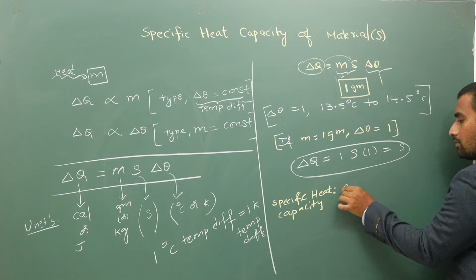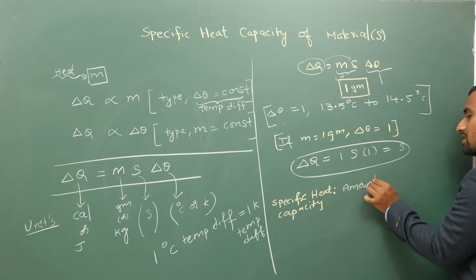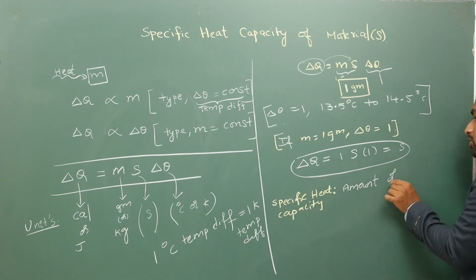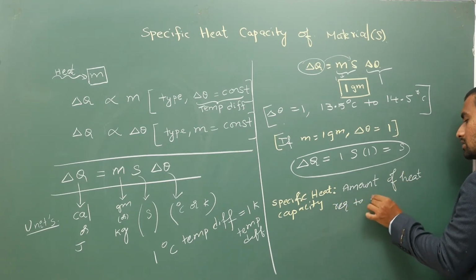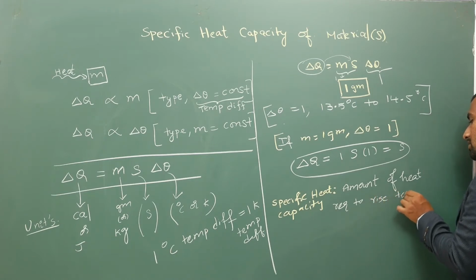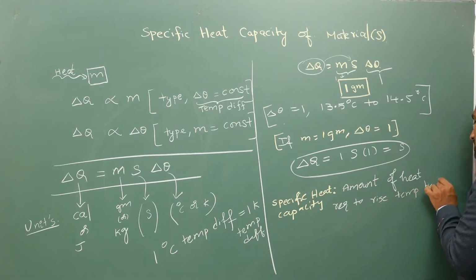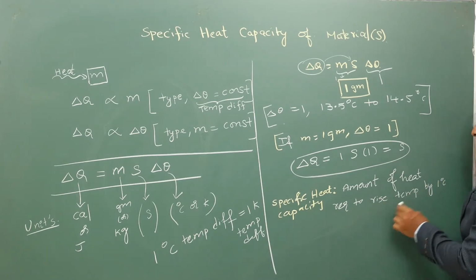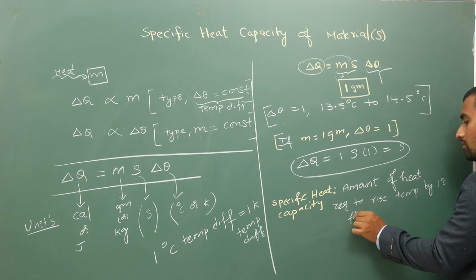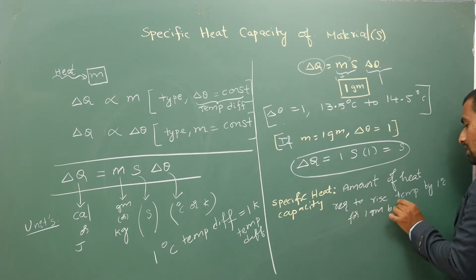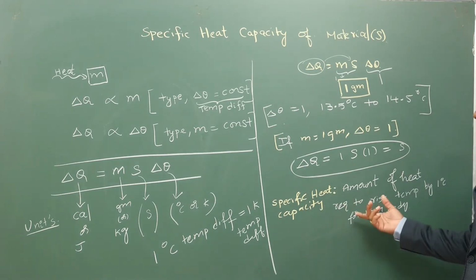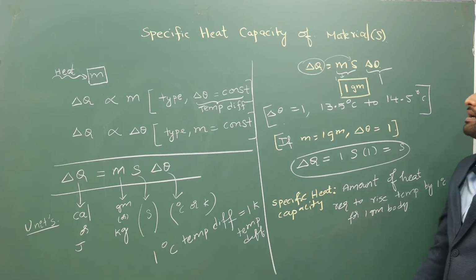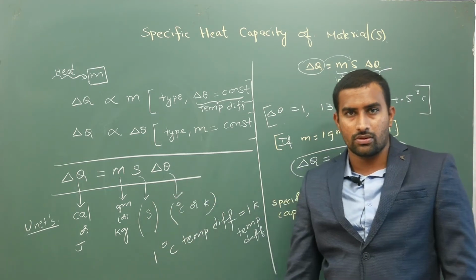This definition you will see in books: amount of heat required to raise temperature by 1 degree centigrade for a 1 gram body. So this is your specific heat capacity definition. This definition you will see in the books, but this is your basic definition.